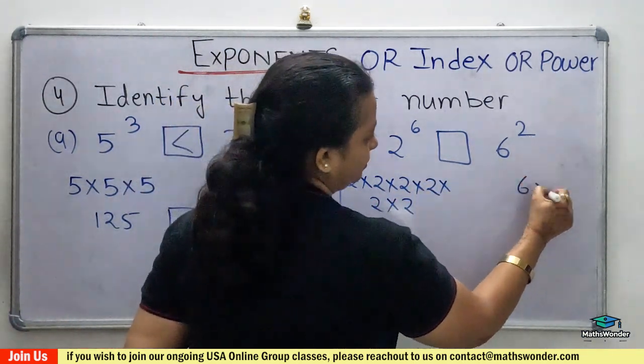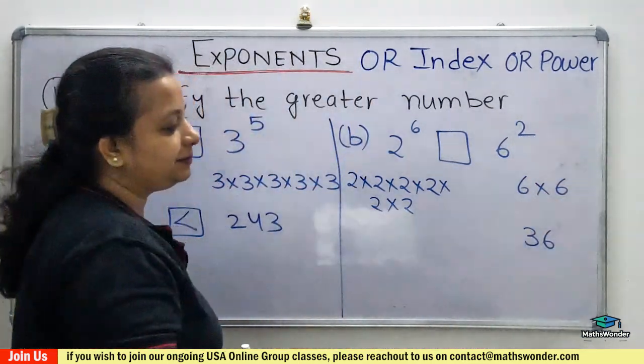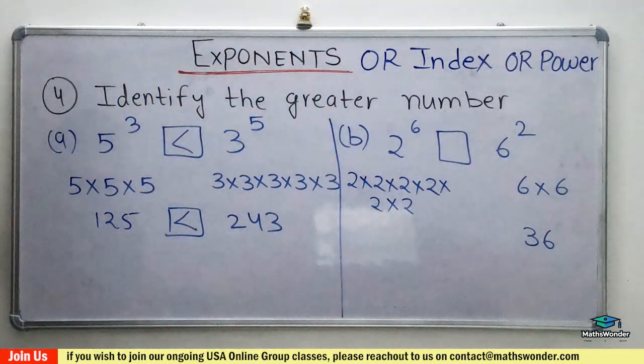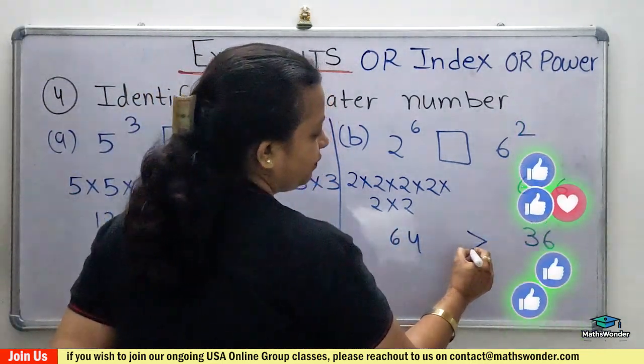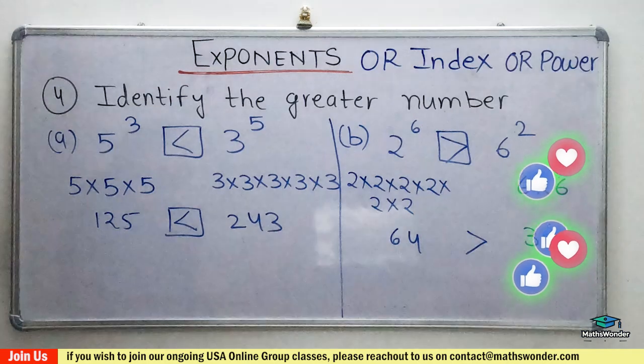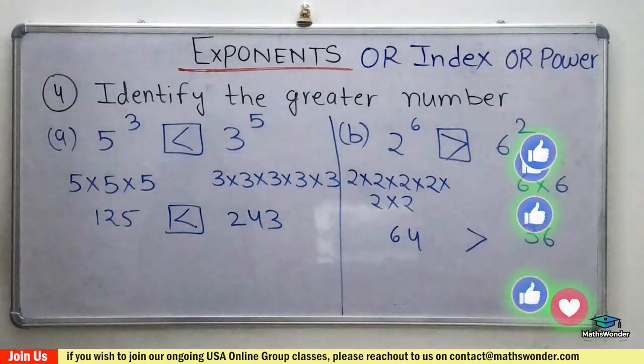So 2 to the power 6 is greater. Definitely 64 is greater. So you can find the greater number by this method.